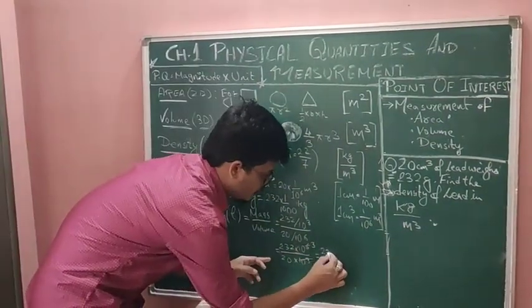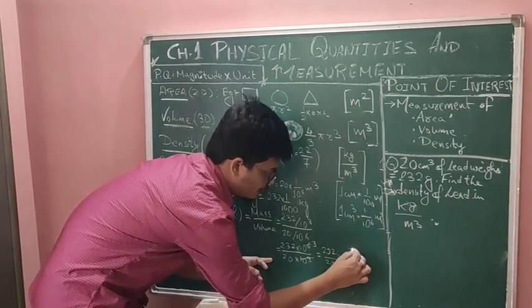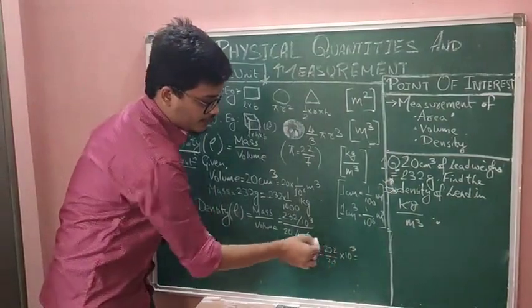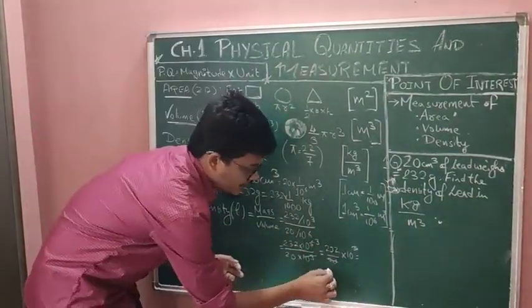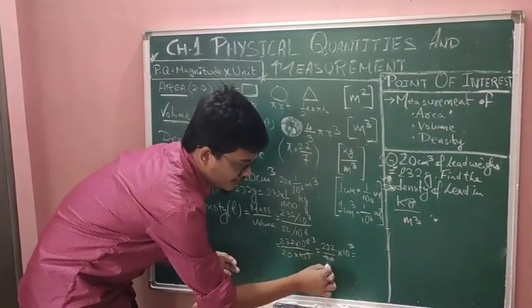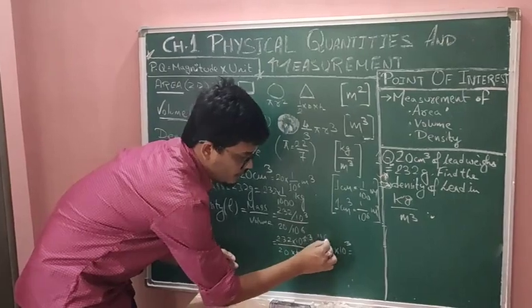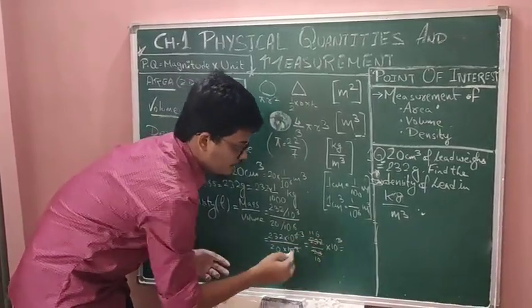We will get 232 divided by 20 into 10 to the 3. If we divide by 20, how much will you get? 11.6, which is 116 into 10 to the 3 divided by 10.